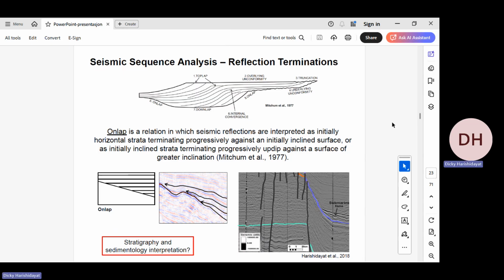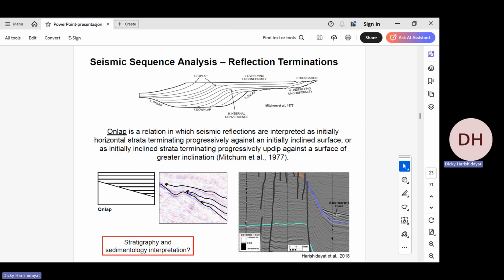Next is the onlap. Onlap is a relation in which seismic reflections are interpreted as initially horizontal strata that terminate progressively against an initially inclined surface below, or as initially inclined strata terminating progressively updip, meaning to the proximal part, against a surface of greater inclination.